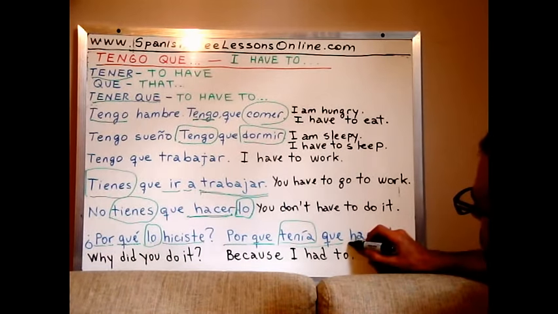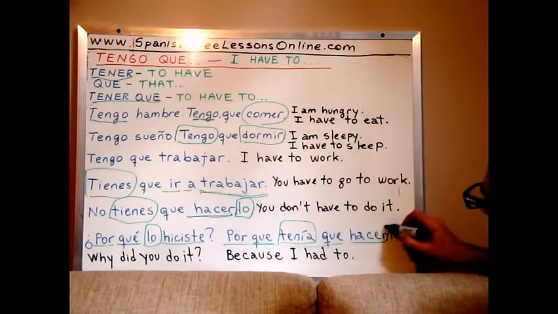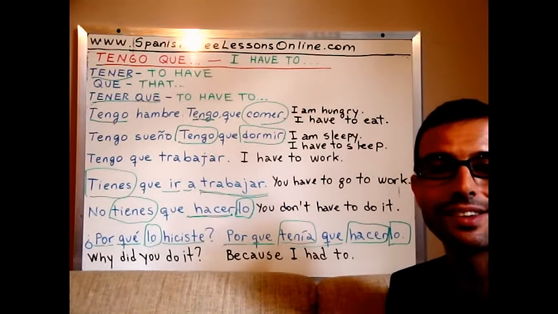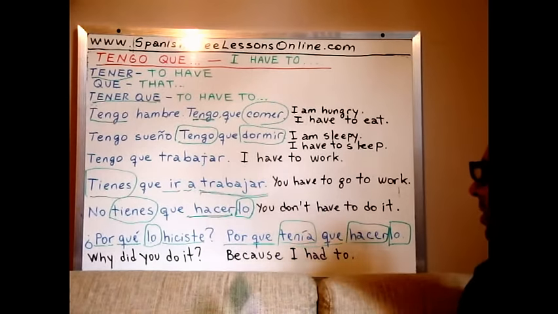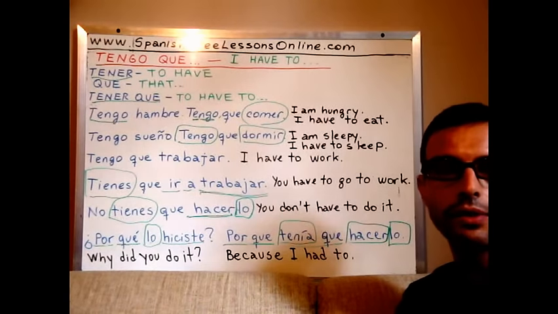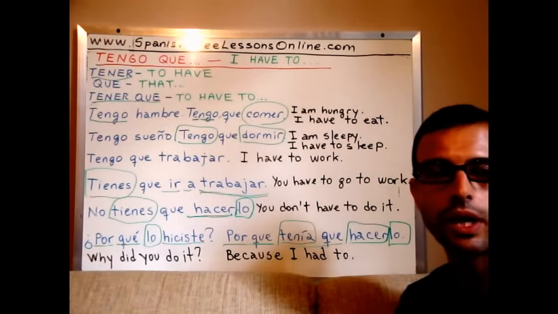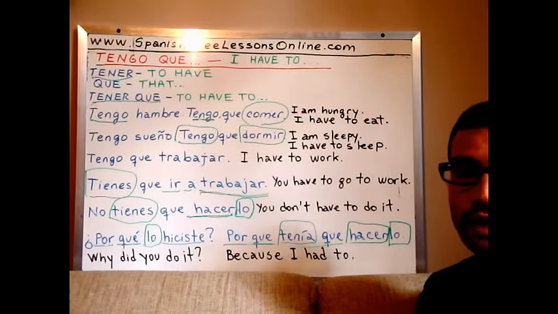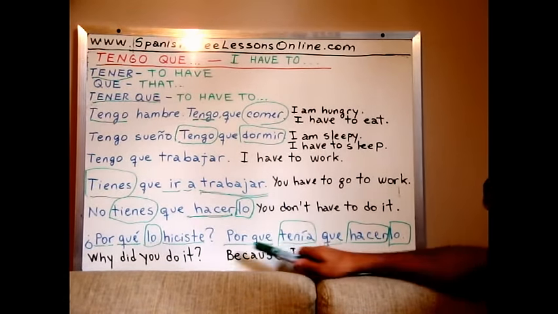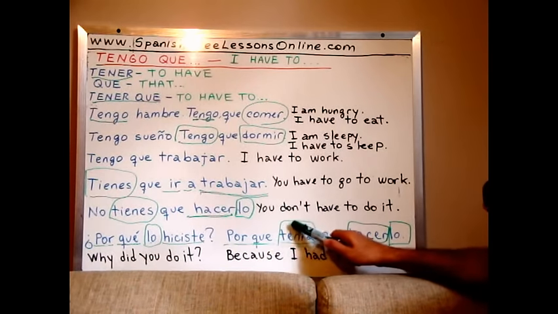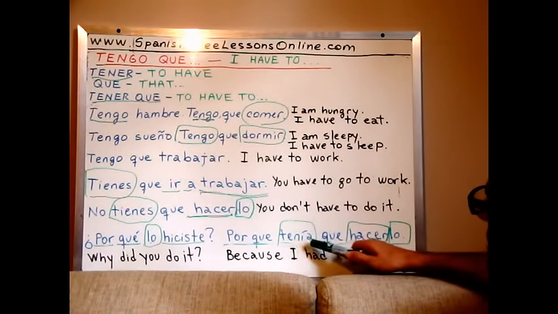The verb to do, hacer, is in infinitive, right? Hacer. And here we have lo, the word it, for it, right? Only that hacerlo is all together. It gets added as a suffix for the verb in infinitive, right? So word by word translation, this would be because I had to, right?